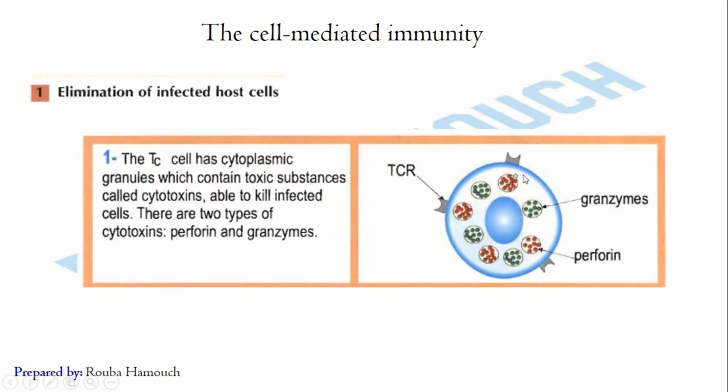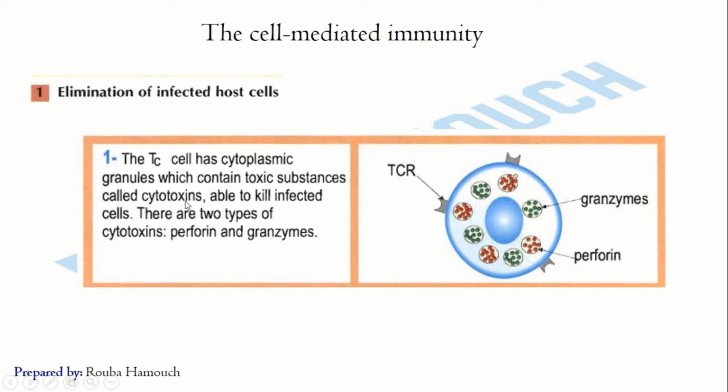As you can see in this picture, the cytotoxic T cell has TCR receptor on its surface, and inside the cytoplasm, the TC cell has granules, vesicles that contain toxic substances called cytotoxins.